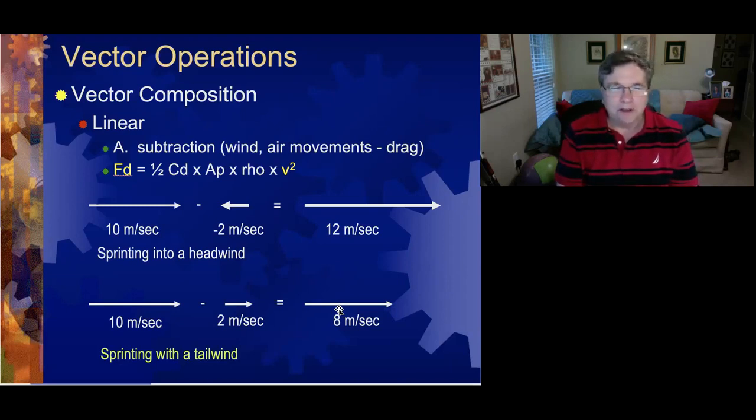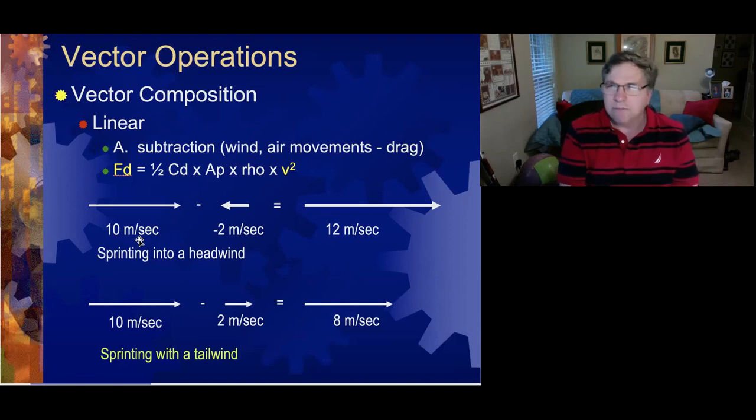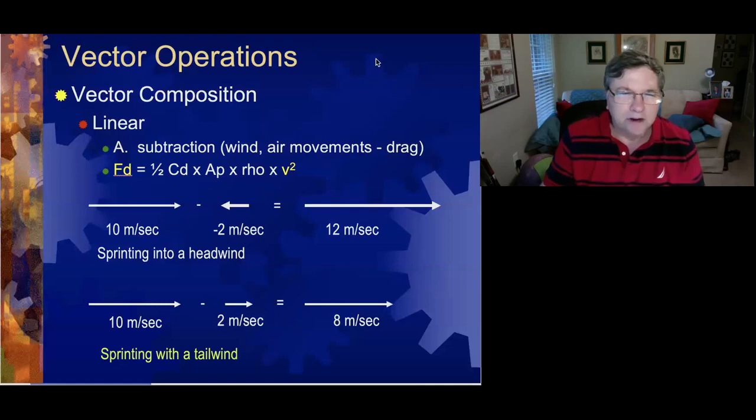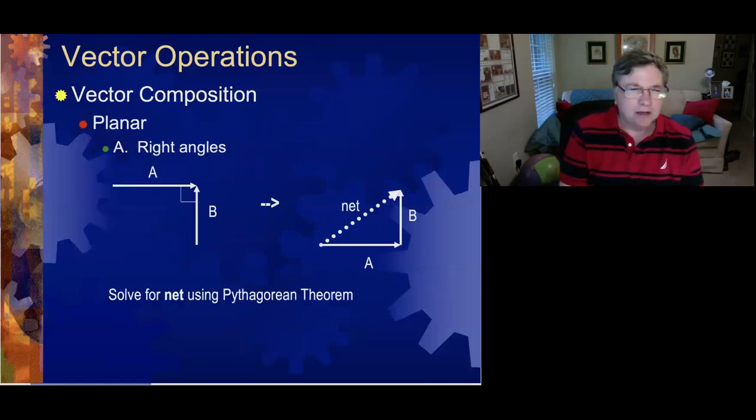That's significant for a runner or sprinter, because about 10%, maybe a little bit more, of the energy they use is overcoming fluid drag. For a cyclist, because they're traveling at a faster speed, it can be 25% of the energy that they're using is overcoming fluid drag or air drag.